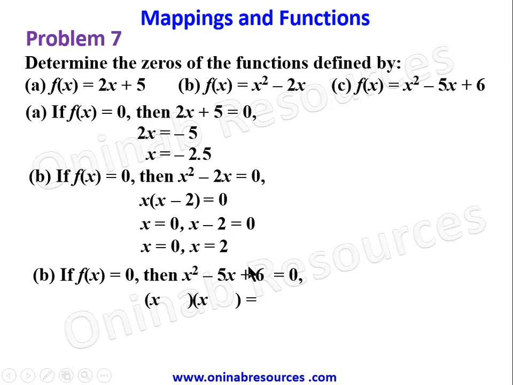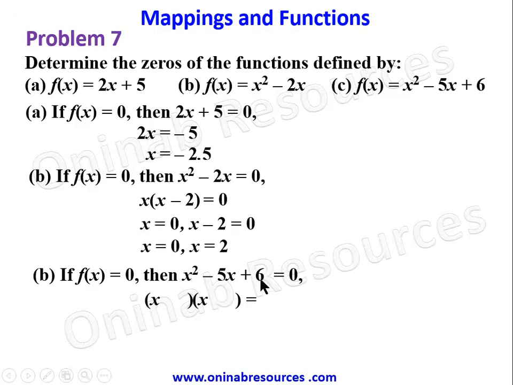I then look for the factors of this constant term, which is positive 6. I am looking for two factors of positive 6 whose sum is the coefficient of x, that is the middle term, if it is expressed in standard form of a quadratic equation.